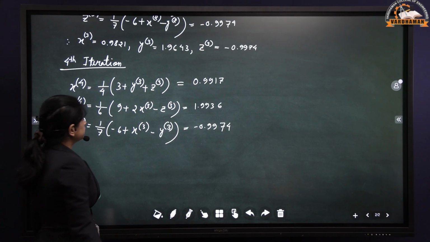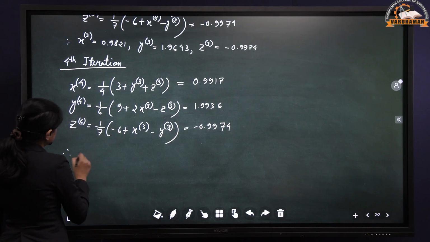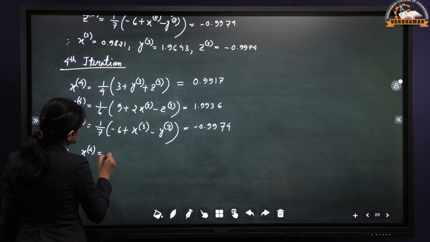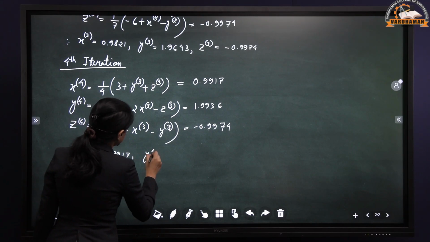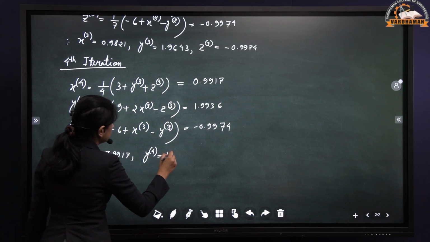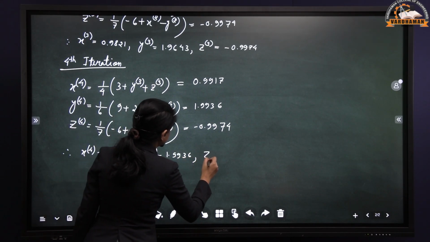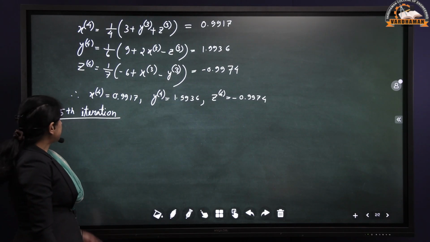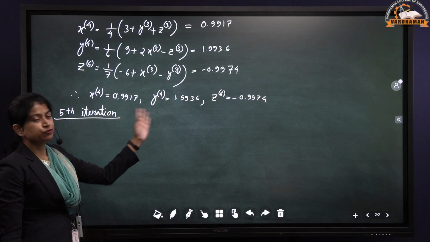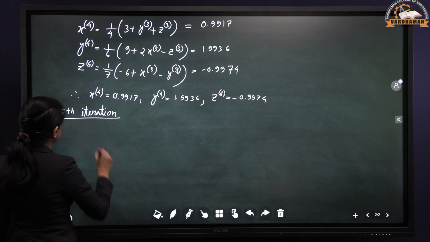If we calculate this in calculator, we will get x4 as 0.9917, y4 is equal to 1.9936 and z4 is minus 0.9974.